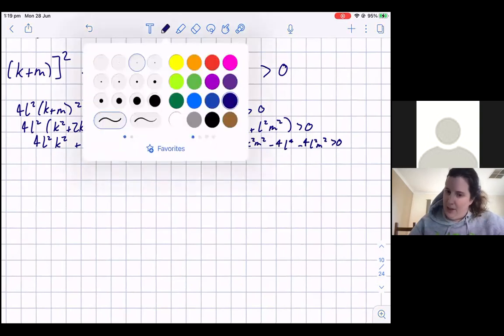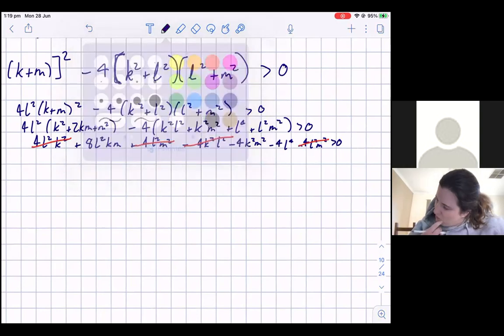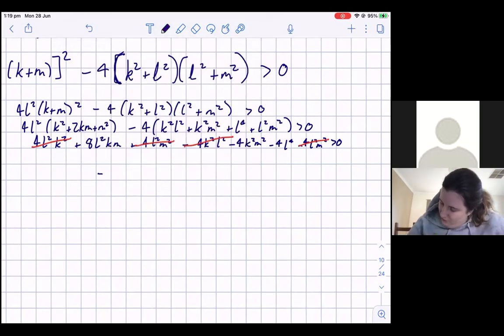Let's start cancelling out these ones. So l squared k squared, l squared k squared, l squared m squared, l squared m squared. So we've got when negative 4l to the 4 plus 8l squared km take 4k squared m squared is bigger than 0.